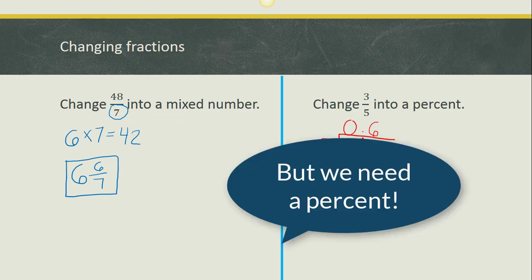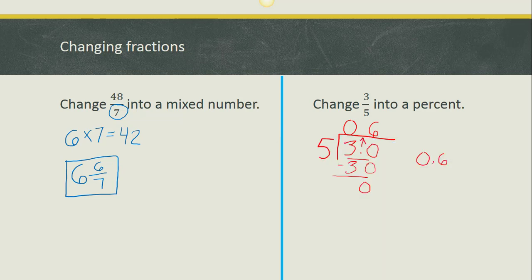So what is 0.6 as a percent? We have to move that decimal spot over 2 times to the right. And if there's a missing space, like right here, you have to add in a 0. So 0.6 is equal to 60%.